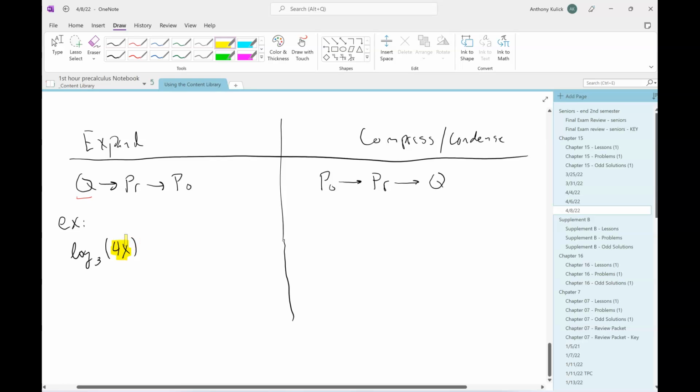Is anything being divided? No. So no quotient property. Then I look for a product property. If I look inside that logarithm, is there anything being multiplied? Well, yeah, right? 4 times x. So if I apply my product property, I would have log base 3 of 4 plus log base 3 of x.